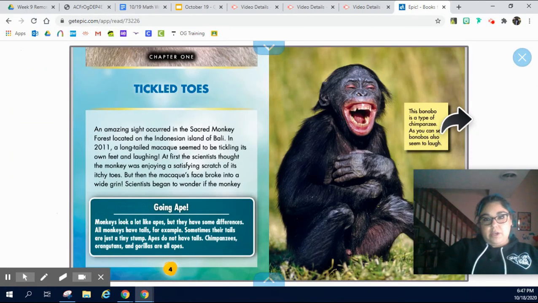So in this book, the caption is right here. It's kind of telling you a little bit about what's happening. It says this bamboo is a type of chimpanzee. As you can see, the bamboos also seem to laugh. All right. So this is a caption. It tells us what's happening in the picture.